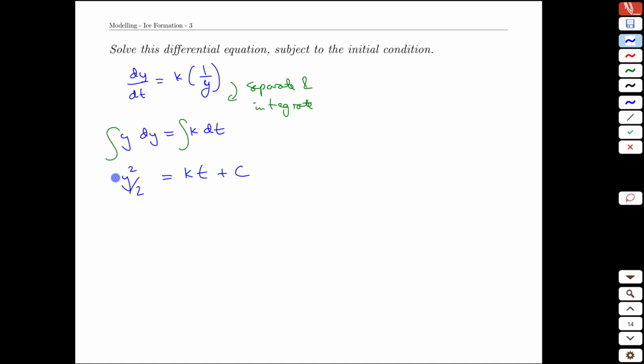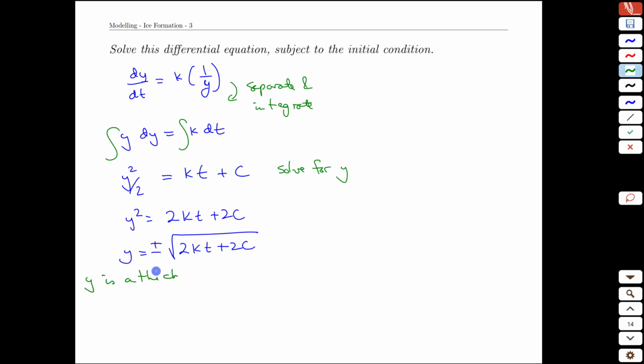That leads us then to solving for y, and we do that just by multiplying by 2: y squared equals 2kt plus 2c, and so y is equal to plus or minus the square root of 2kt plus 2c. However, we also know that y is a thickness, so in our model, the only thing that makes sense is y greater than or equal to 0, so we can scratch out that negative option for the square root.